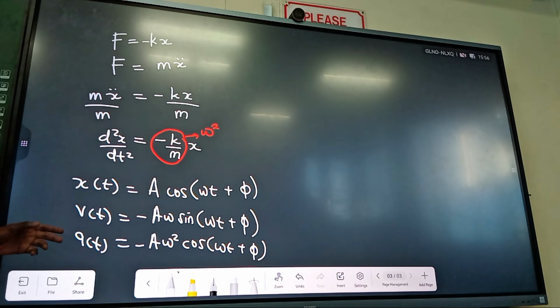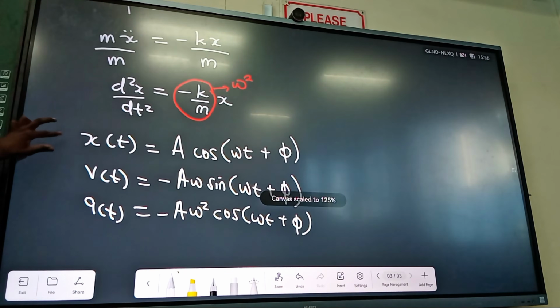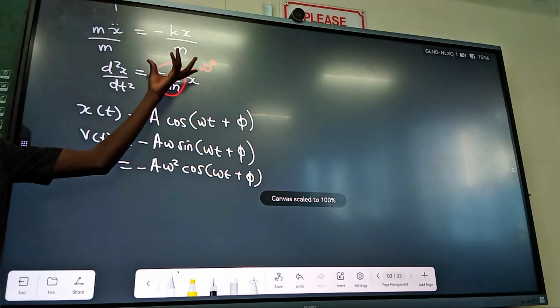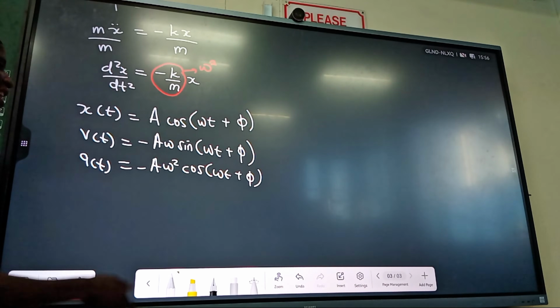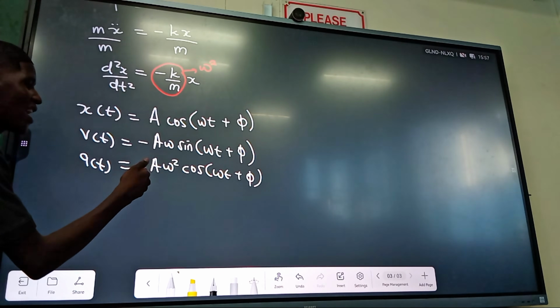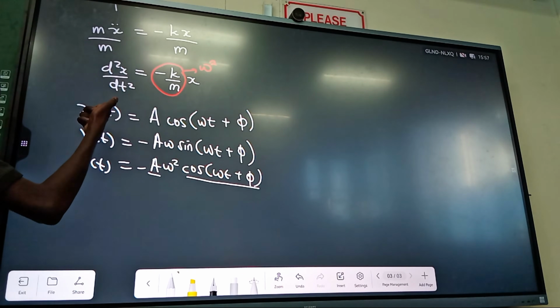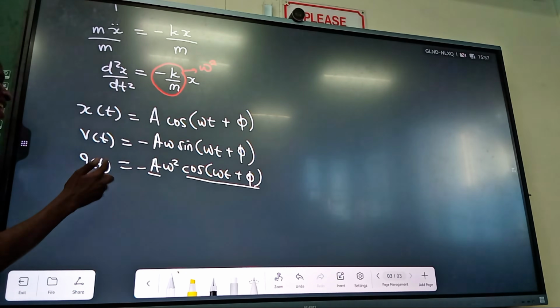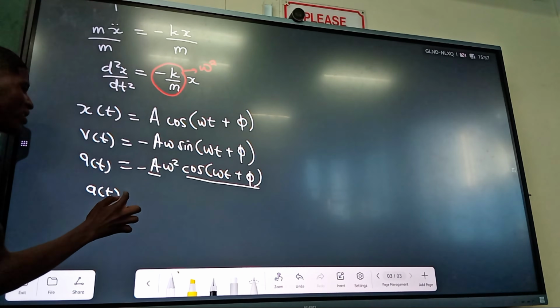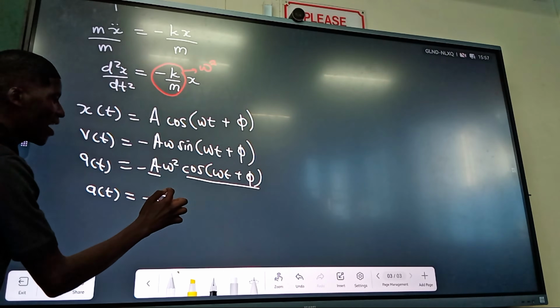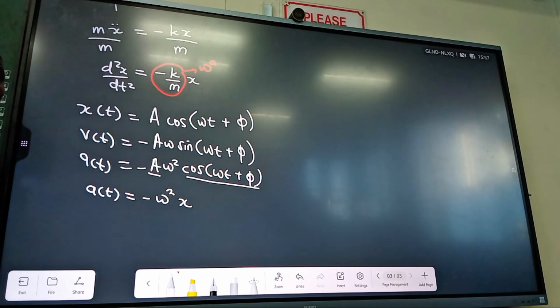This acceleration is actually the same thing as what we have here, because A cos(omega t plus phi) is x. So in other words, the acceleration is equal to negative omega squared times x.